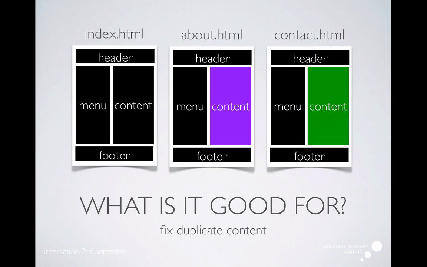For the content, it could be just an email address, or it could be a form. All three of these pages share something in common. They have the same header, the same menu, and the same footer.